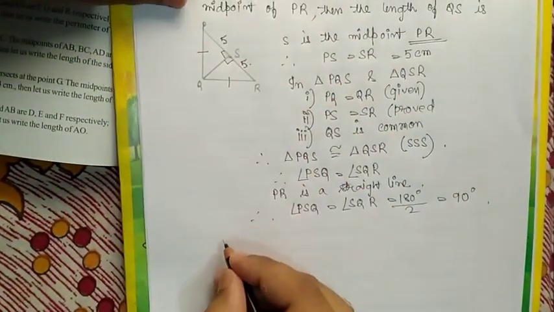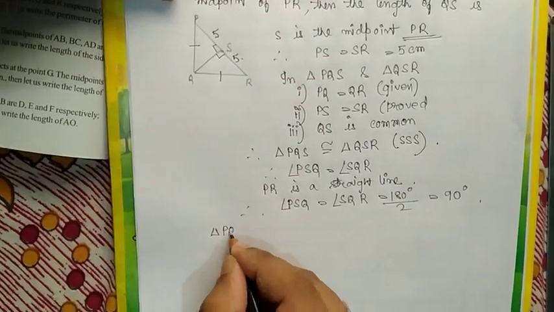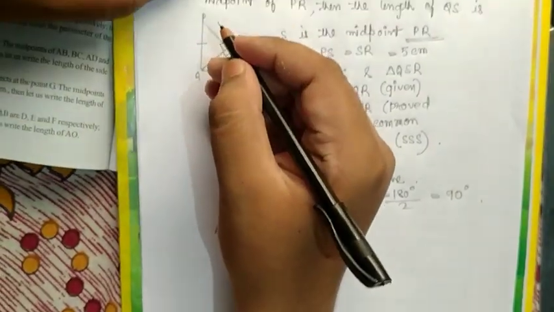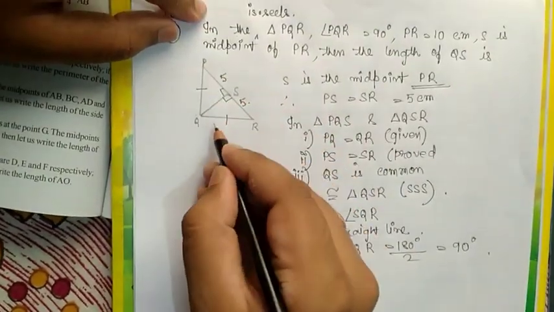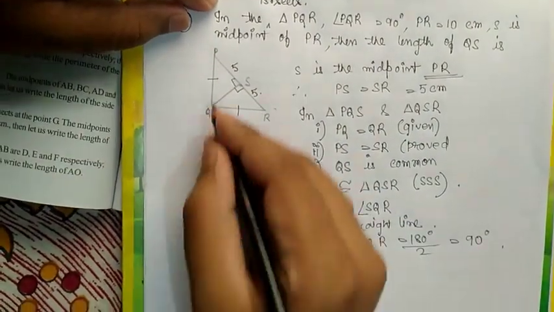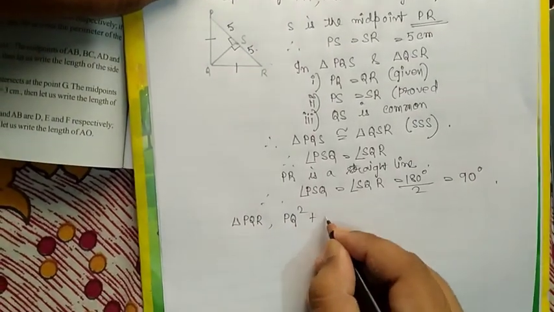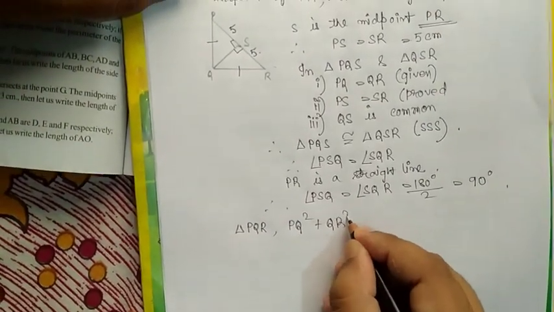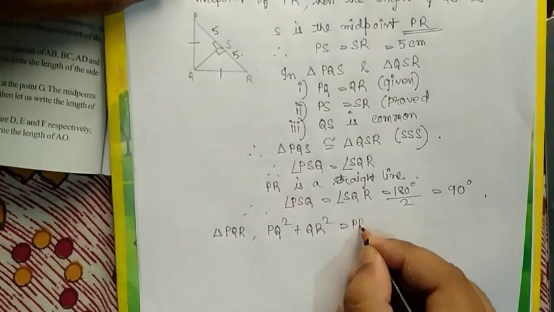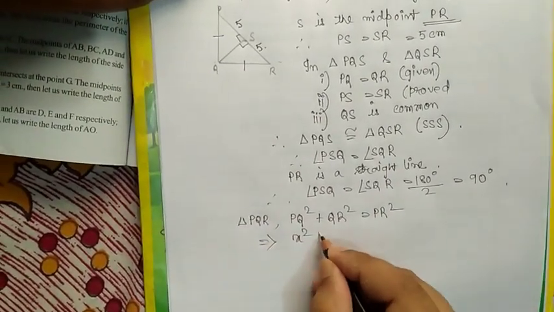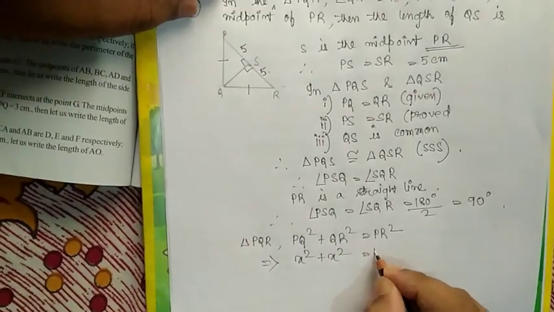Now triangle PQR is a right angle triangle. So according to the Pythagoras theorem, base square plus height square, we assume let PQ equals QR equals x. Then x square plus x square equals 10 square.